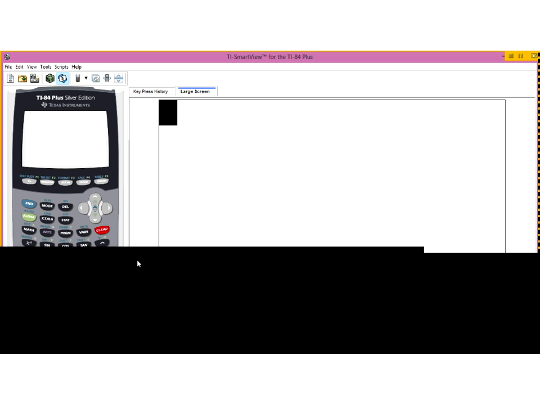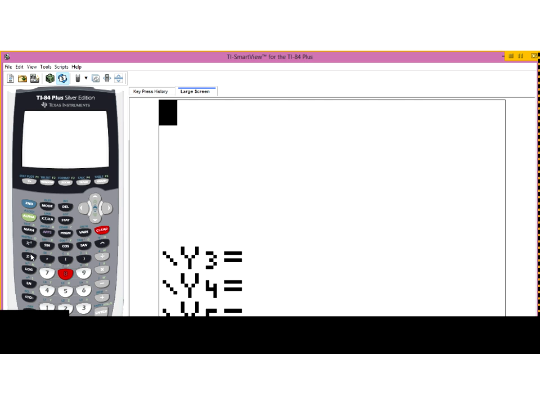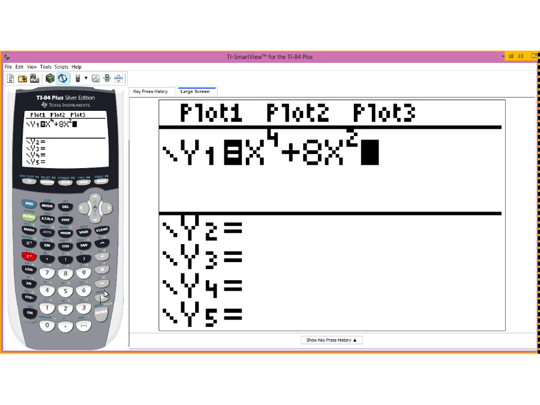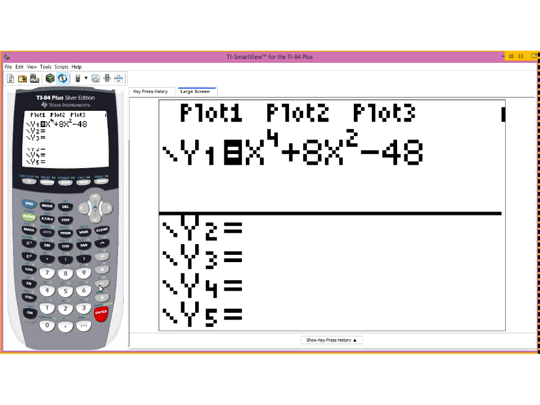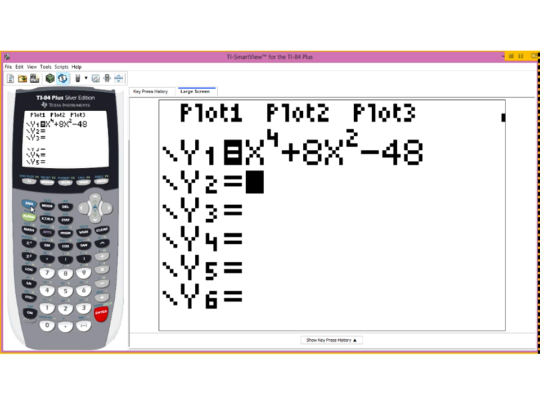So we would go to the graph and graph x to the 4th plus 8x squared minus 48.